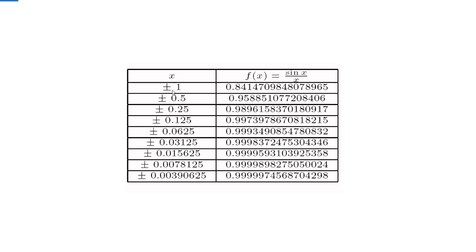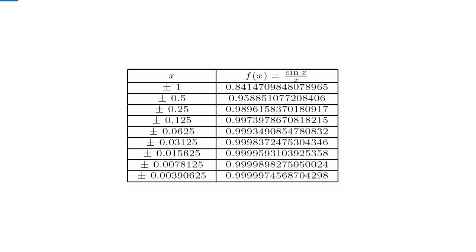And likewise, if you only look at the negative signs, if you want, you can take a picture of the table. The x values are getting closer and closer to 0 from the left, right? And the function values are the same, getting closer and closer to 1.